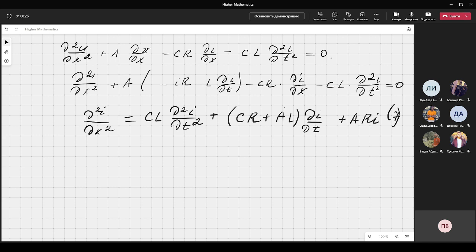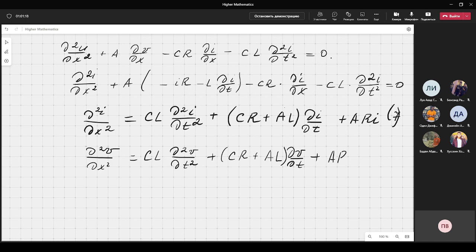Similarly, we obtain an equation for determining V of x,t: the second derivative of V with respect to x equals C L times the second derivative of V with respect to t plus C R plus A L times the first derivative of V with respect to t plus A R V. Formula 8.